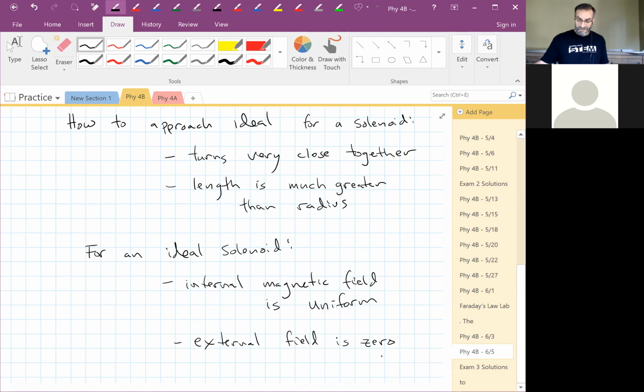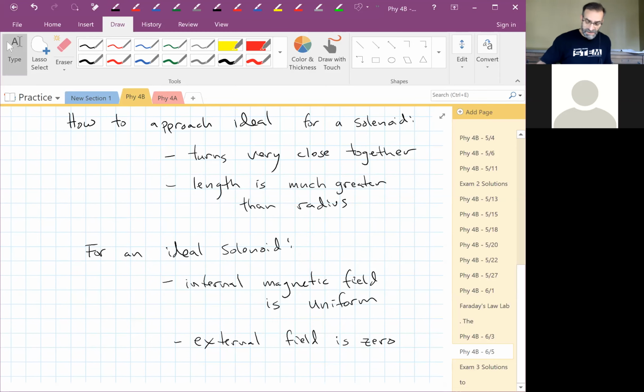All right. Now that we know what a solenoid is and what an ideal solenoid is and how to approach an ideal solenoid, let's try to use Ampere's law to figure out what the magnetic field is inside of an ideal solenoid.